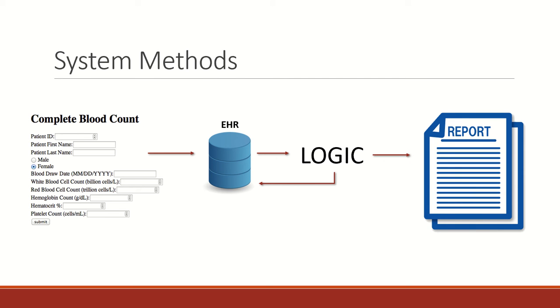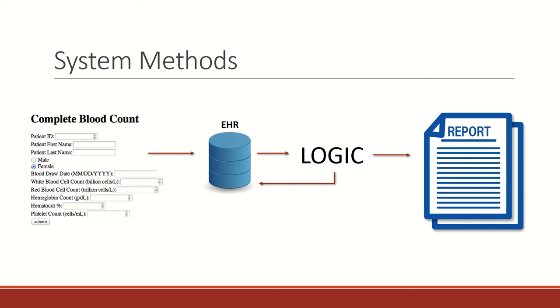There are four major components to this system: the HTML form that the lab technician enters patient lab results into, the cloud-based electronic health record that contains patient information, including the entered lab results, the applied logic that reads the stored lab result data and indicates what values are normal or abnormal, and the report generated through SQL queries performed by the IT specialist that includes the normal or abnormal listings.